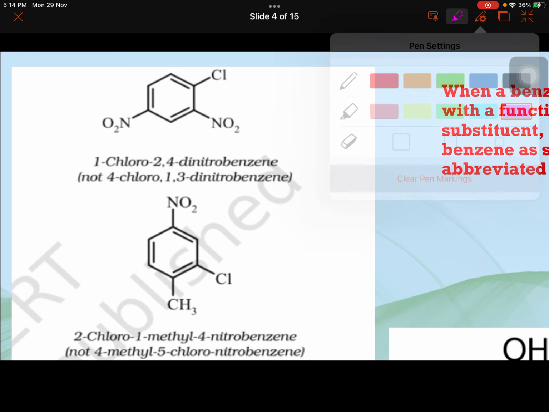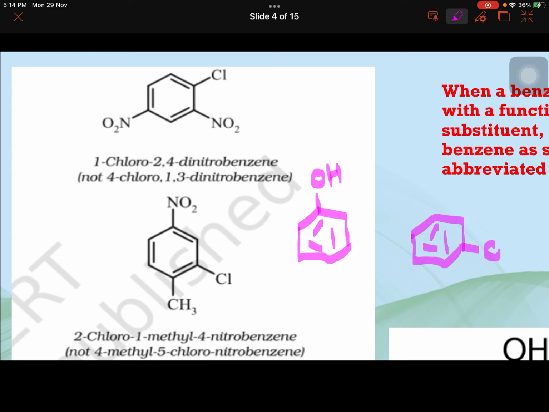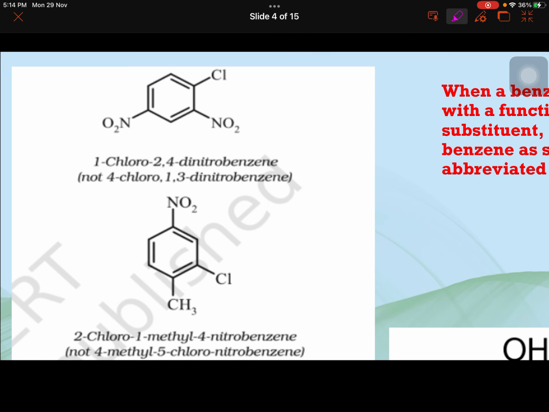You just see where the attachment is, where the substituent is. Generally, if I have to draw phenol, you generally get this structure. But if you draw the structure like this, this is also phenol. So on any carbon you have that substituent which is making it phenol. Same way here, 1, 2, 3, 4. One way is this. So it becomes 1 chloro 2 4 dinitrobenzene.